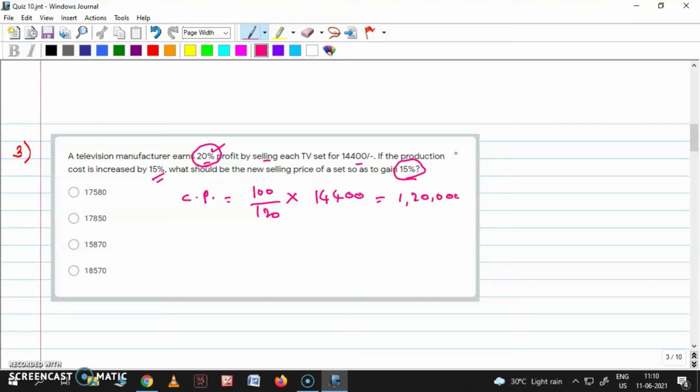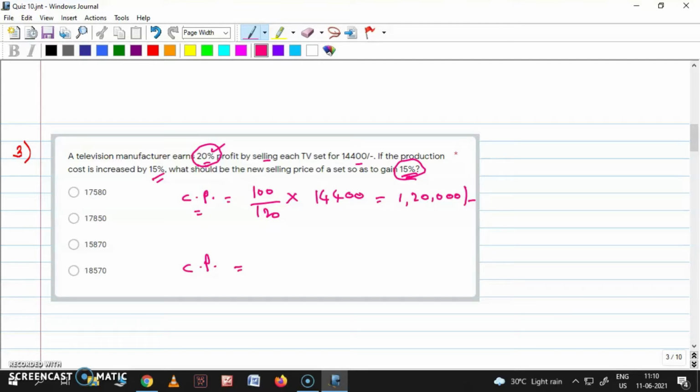But now the cost price should be increased to get 15% of profit. This is the cost price for the normal case, and now we need to increase it.